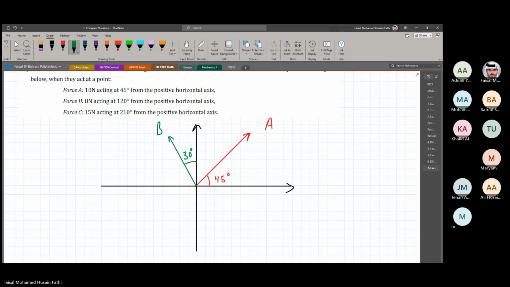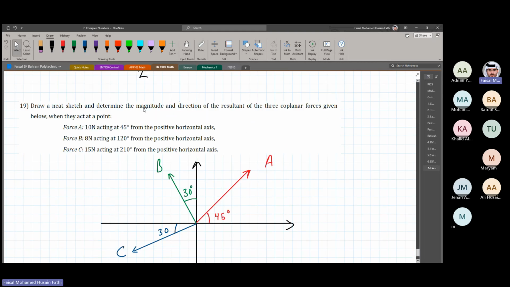And the last one is C, 50 newtons at 210 degrees. This is 180 plus 30, and this is the largest one, so let's make it a bit larger. This is 30 degrees, because this is 180 plus 30, which is 210. And this is C.